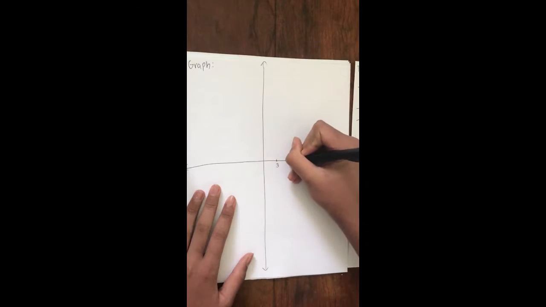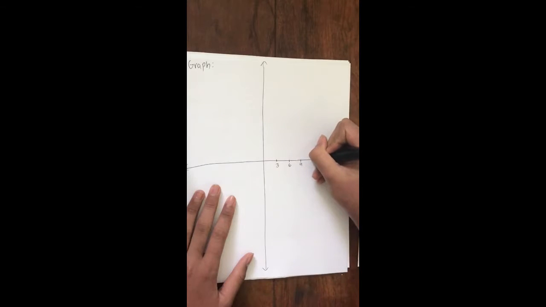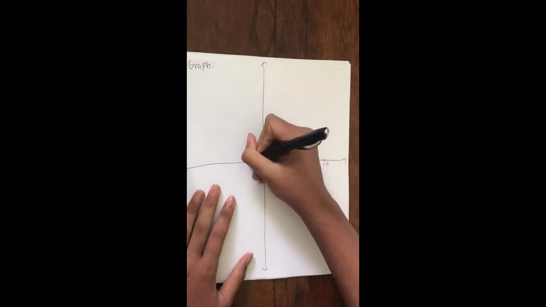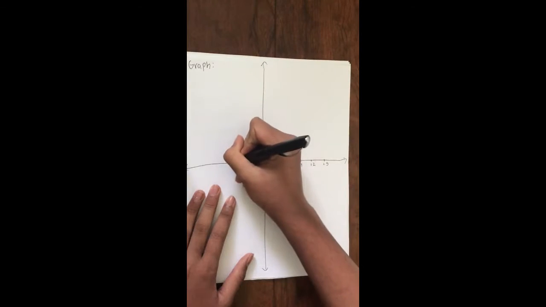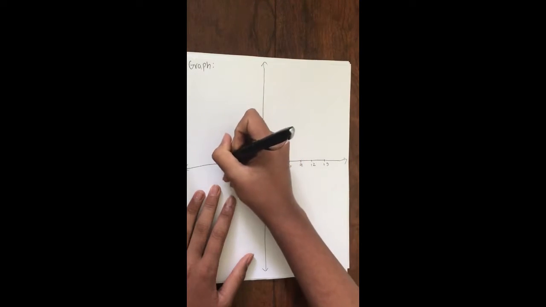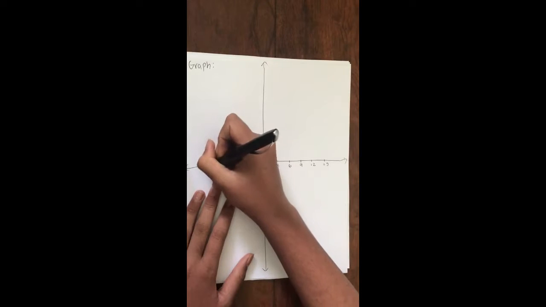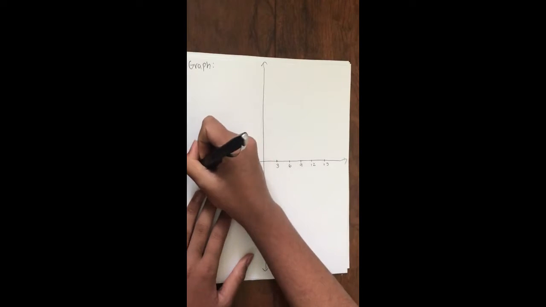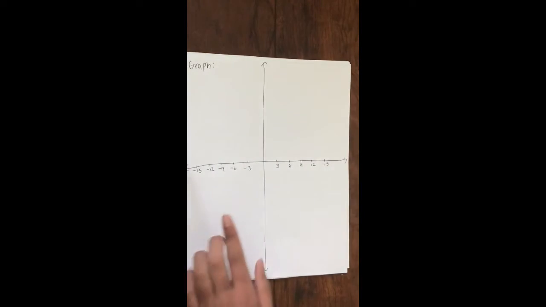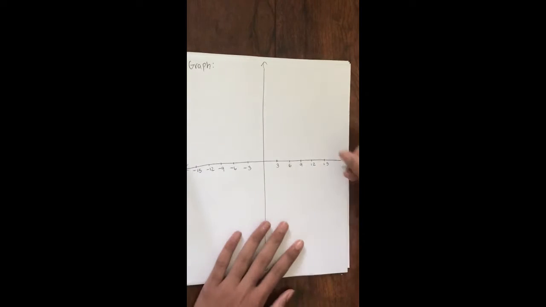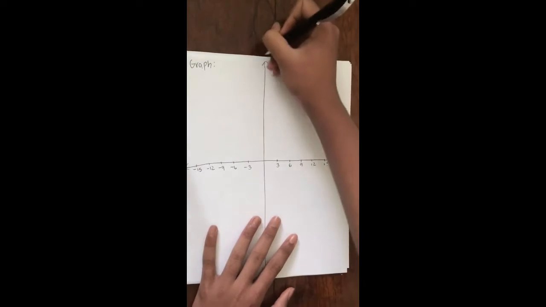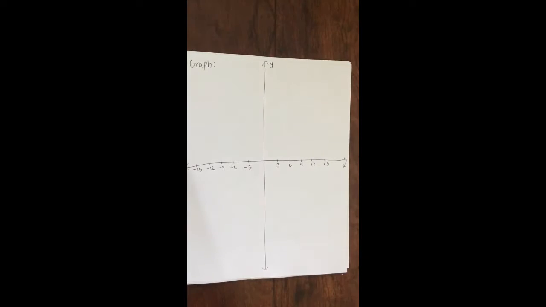So 3, 6, 9, 12, 15, negative 3, negative 6, negative 9, negative 12, negative 15. So that's our x-axis. And let's see our y-axis. Our y-axis goes to 1200 in this example.